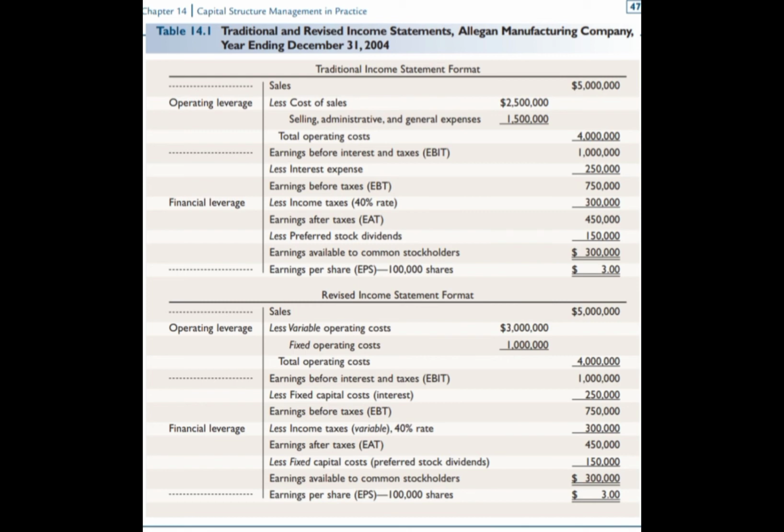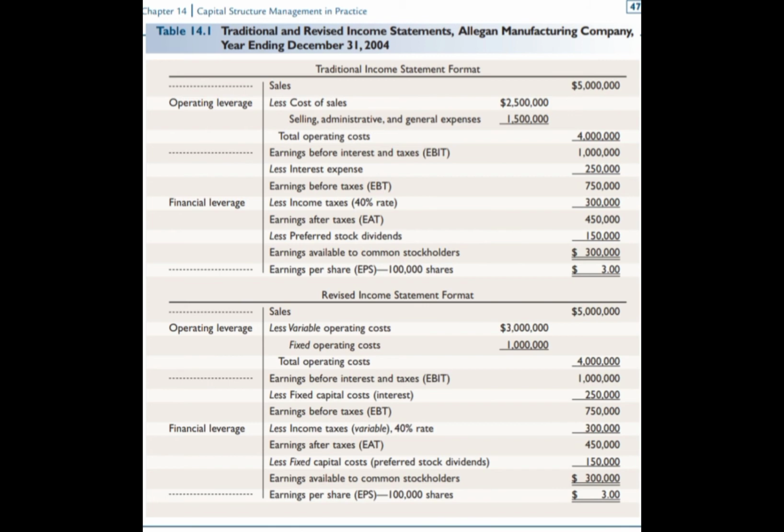So, ilas na po di mo sadya sa $5 million minus 4 million nga kay 1 million nga earnings before interest and taxes or EBIT. Ilas nimo sa fixed capital cost or interest nga 250,000 na kay total nga na 750,000 nga earnings before taxes or EBT.